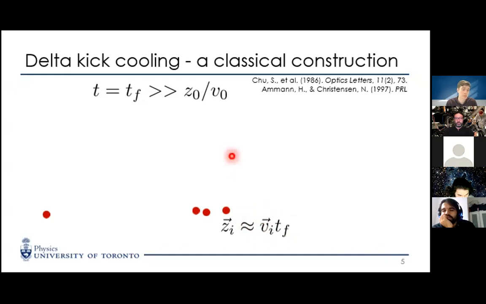I say approximately because by doing this long time of flight, what we're ignoring is the dependence of the final position on the initial position.